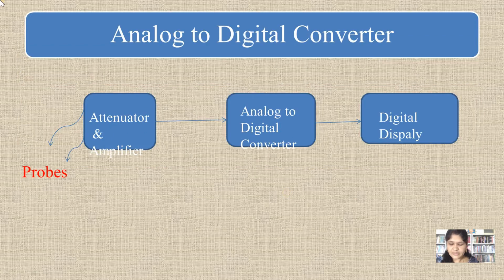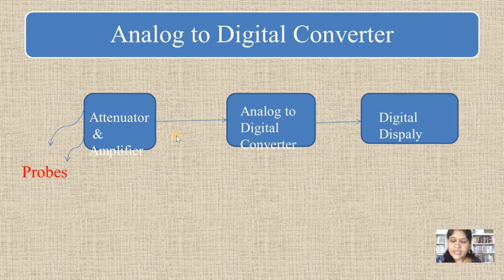So this is the complete block diagram of the digital voltmeter. We can say it can be replaced by an A to D converter. Now the analog signal is converted into a train of pulses.